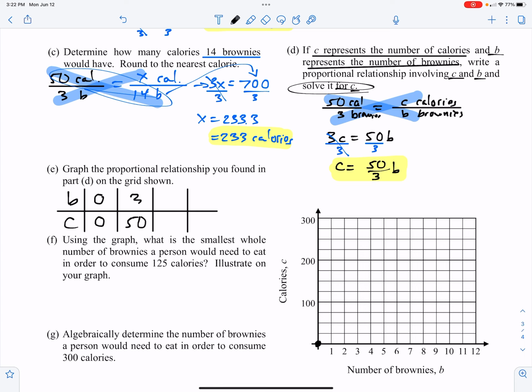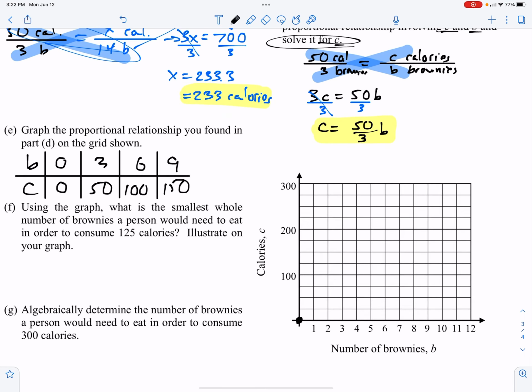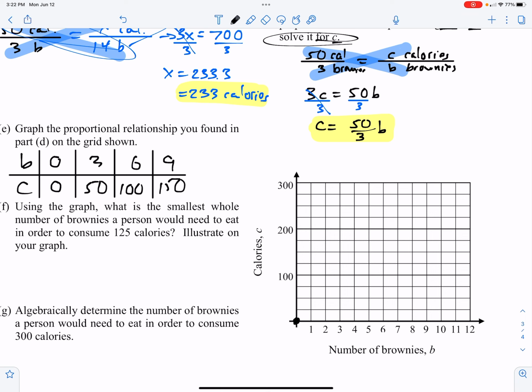If I go 6, 50 over 3 times 6, that would be twice as much, or 100 calories. If I went 9, that's 3 times as much, that would be 150, and so forth. Okay, plot 3, 50; 6, 100; 9, 150.